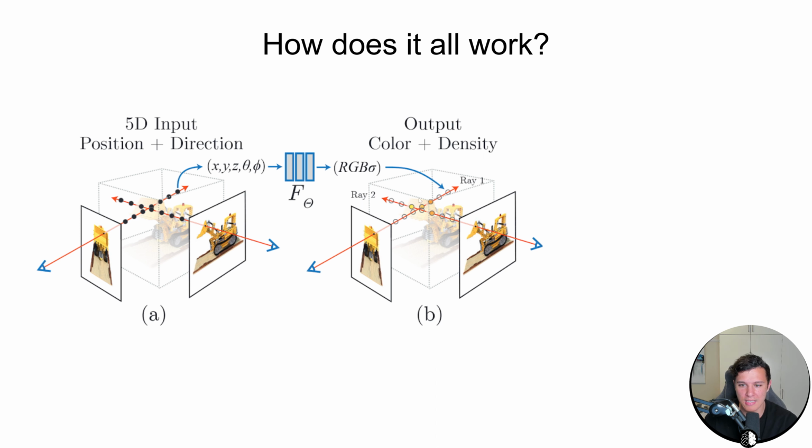In the example, when we get to part B here, it actually looks like it does something, like it's been trained for a bit, because it can detect the color of where there's actually an object. But in the beginning, it won't, right? So let's just say that we're looking at ray 1. It outputs some guess of what the color and the density is at each of these points.